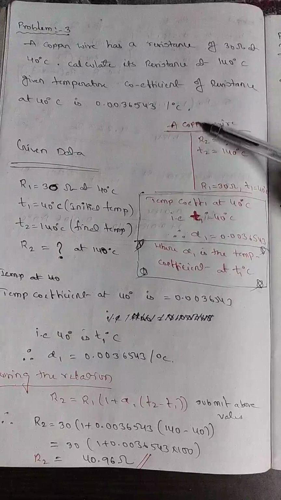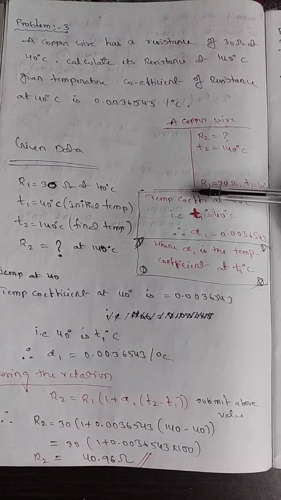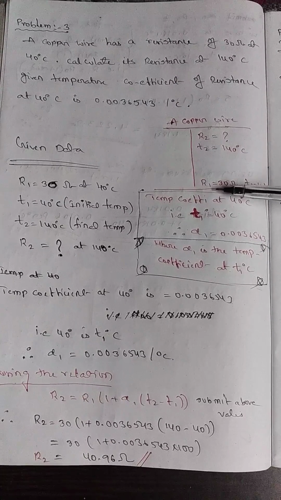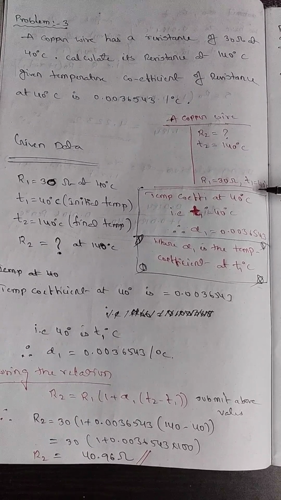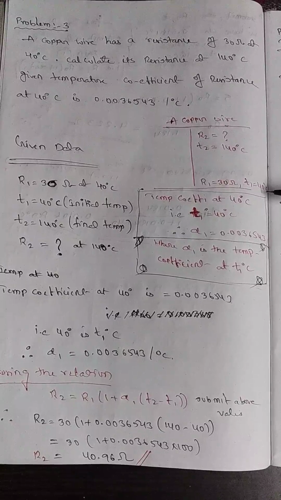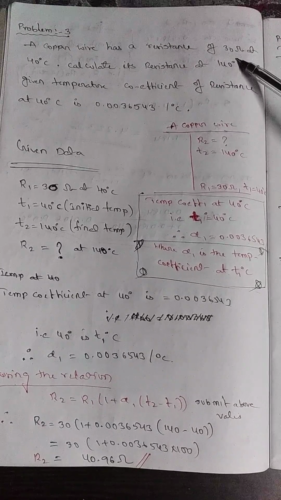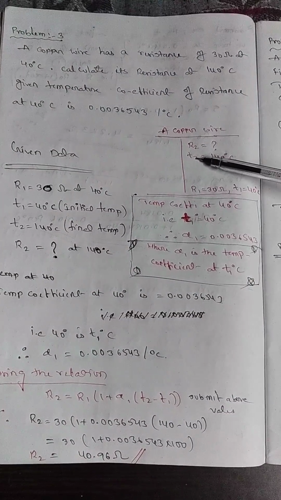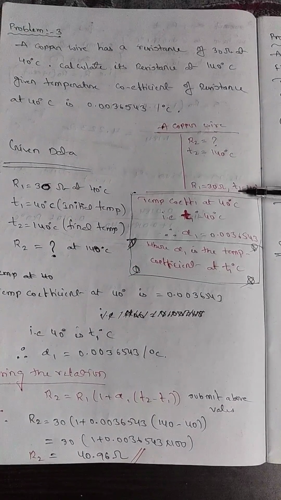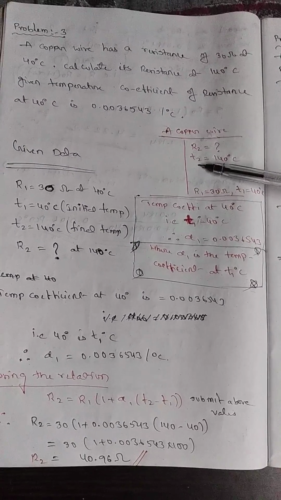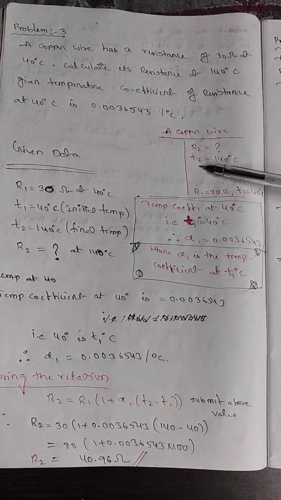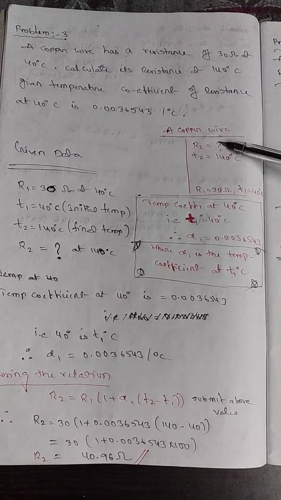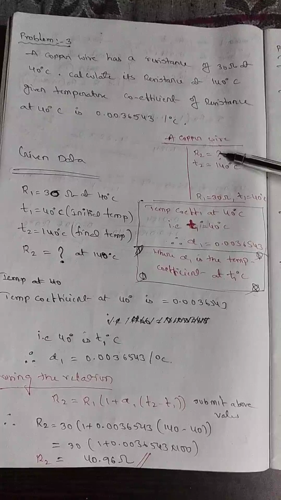You have taken a copper wire, and its resistance R1 is 30 ohms at T1 equal to 40 degrees centigrade. T1 is the initial temperature and T2 is the final temperature, which is 140 degrees centigrade, and we are asked to find the R2 value.